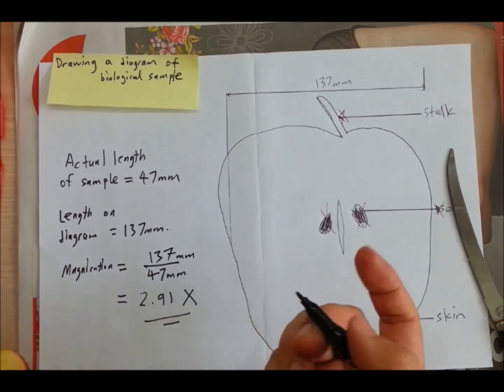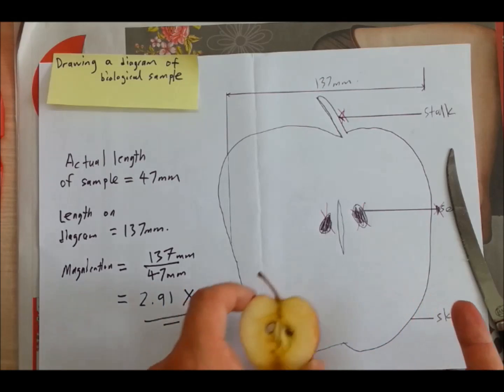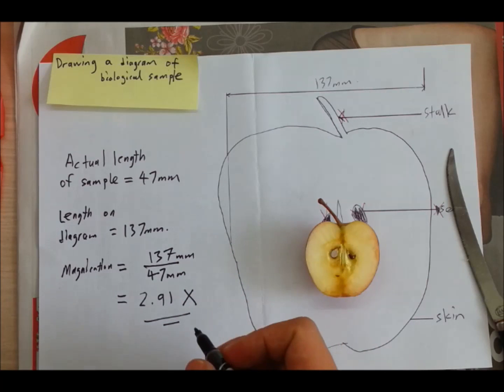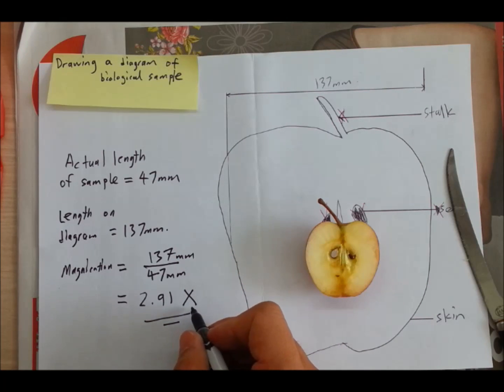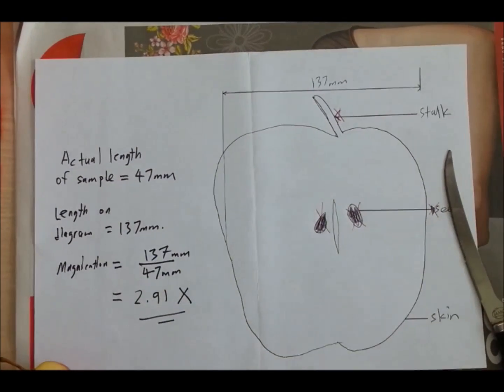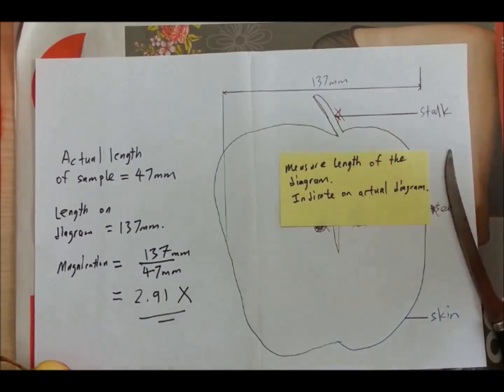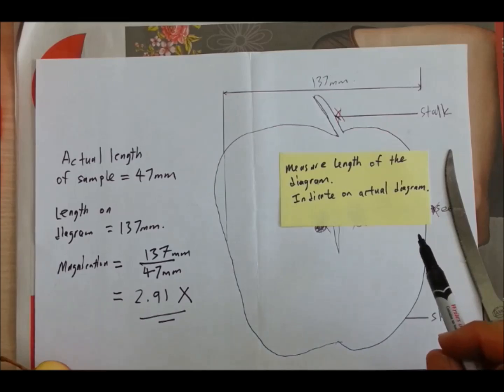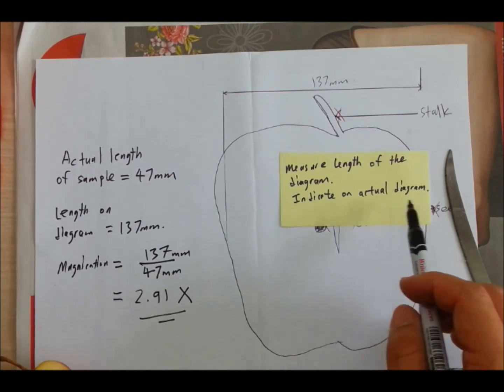So this diagram is magnified nearly 3 times. This is how I get my magnification. Always remember to include the unit, which is simply an x here. So remember, this line is important. Always remember to indicate the measurement on the actual diagram.